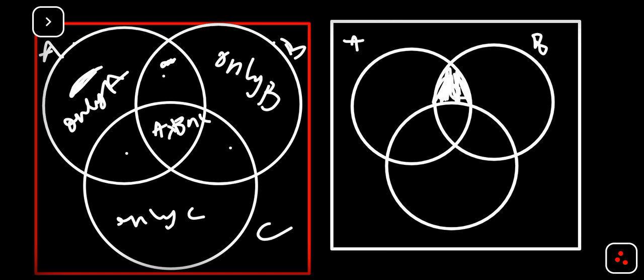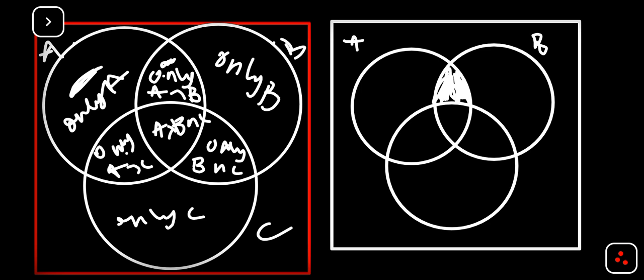So this part, even though it's an intersection, this time is to be referred to as only A intersection B. That means this part here will be only B intersection C, and this part here will be only A intersection C. So this is important that you should know.